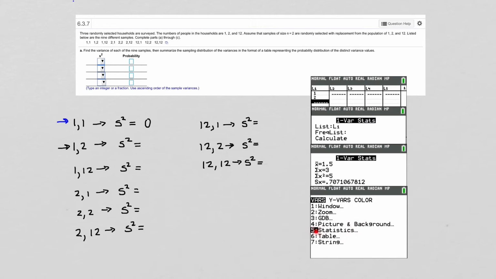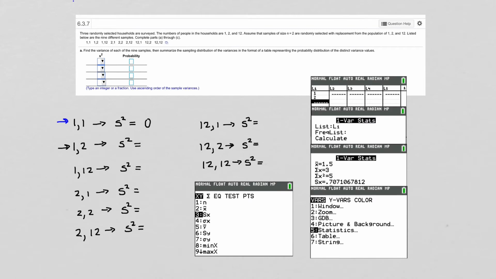So you can scroll down and press enter, or you can just press the number 5. And that will bring up the statistics variables window. And here's Sx. So there's number 3 is my sample standard deviation.